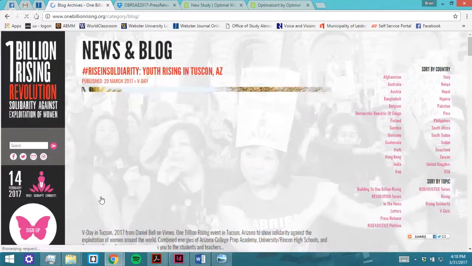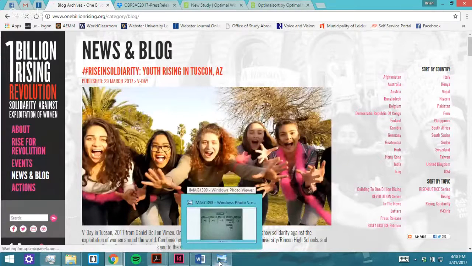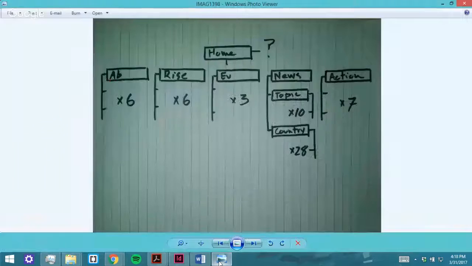In the news section, they break out. So basically, two questions about my flow before I engage in more of the busy work to get the original existing IA flow chart. These are the about, rise, event, news, and action.